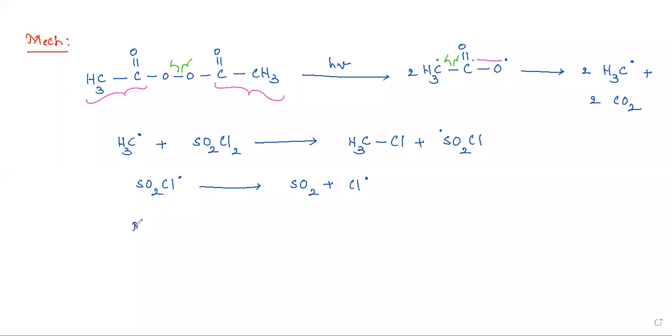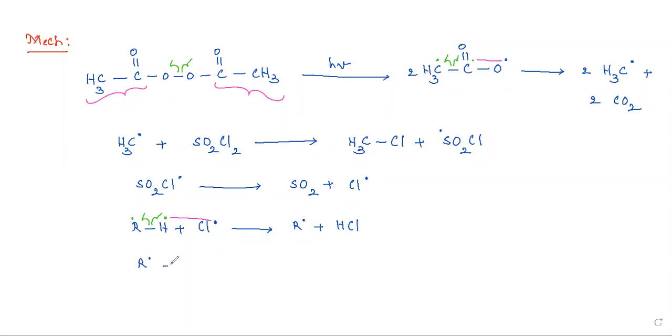Now, this chlorine free radical combines with alkane. Here, you can actually take the homolytic fission again, which results in two free radicals. Combine these two. Okay, so we get alkyl free radical and HCl.